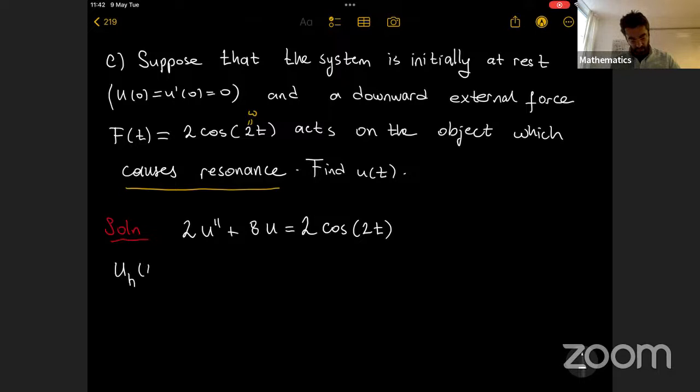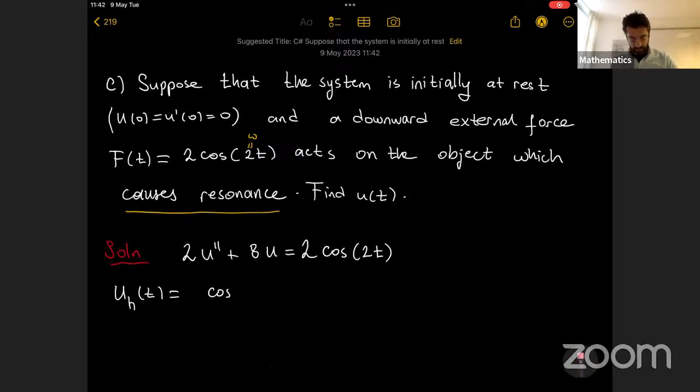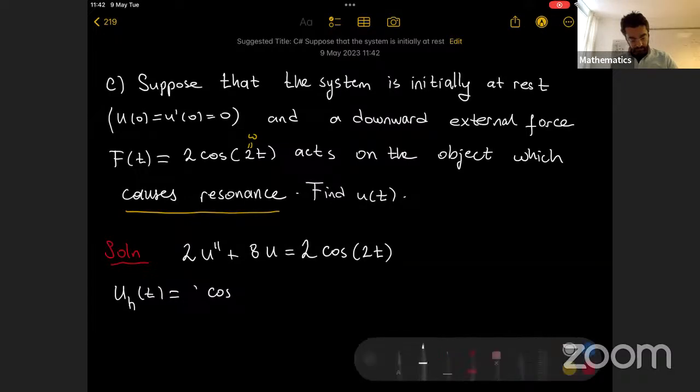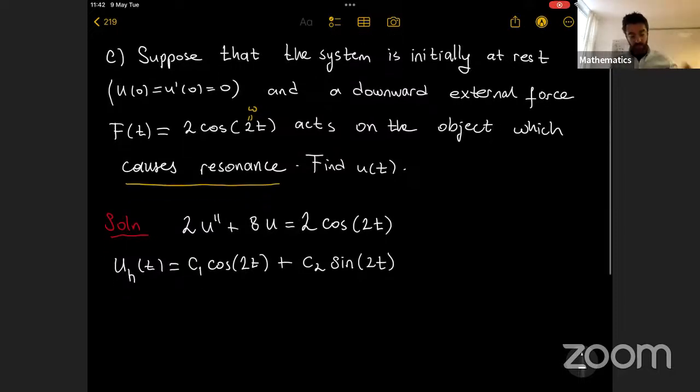So u homogeneous is C1 times cosine 2t plus C2 times sine 2t, right? So this is the homogeneous part.